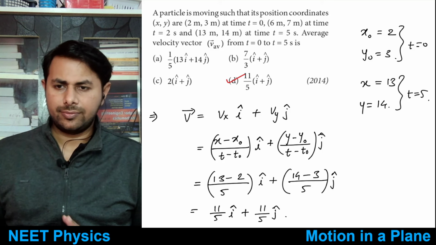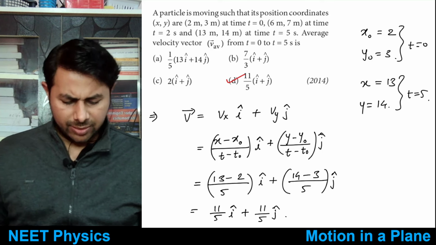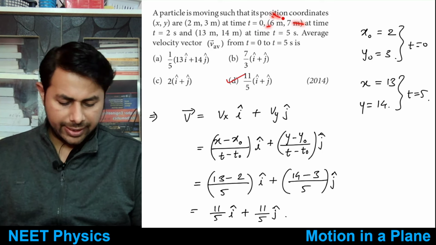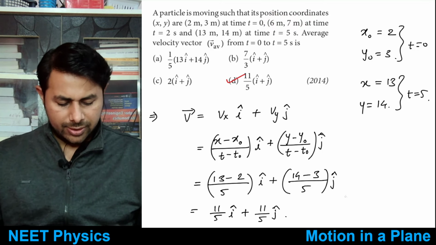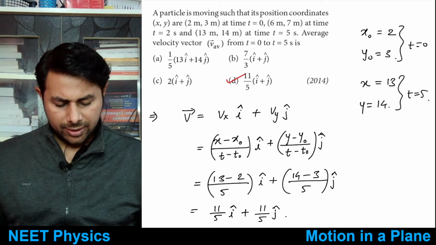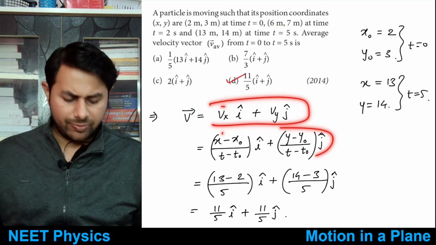Okay, so this is a very simple question, right? They have just given one extra piece of information that we don't need to think about. So this is very simple. And you don't need to write down this formula, x minus x naught, y minus y naught.